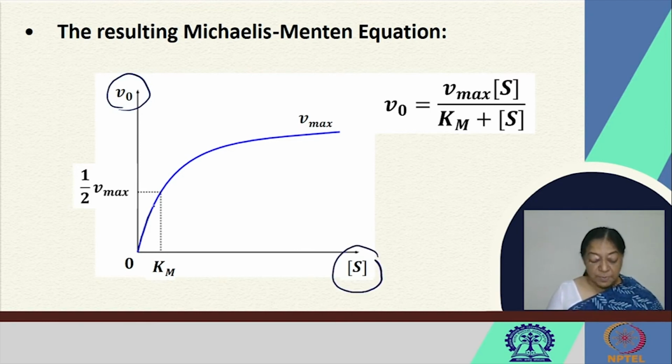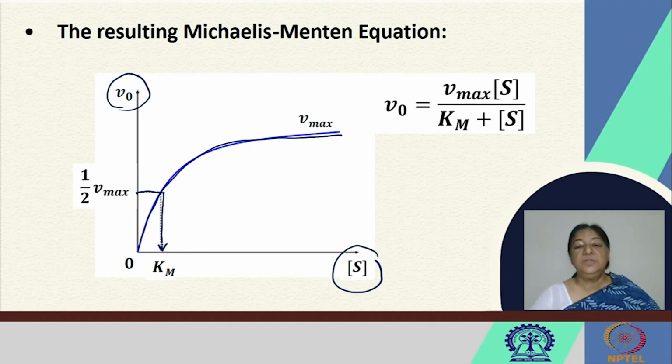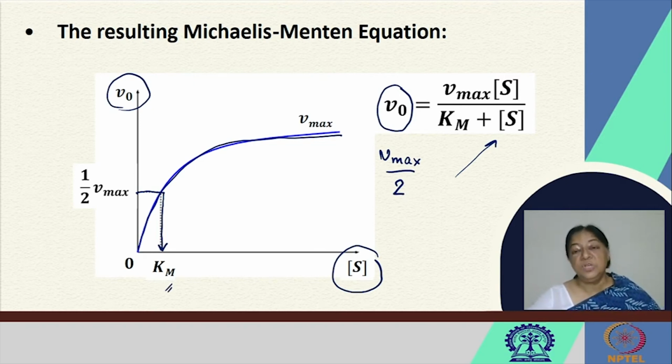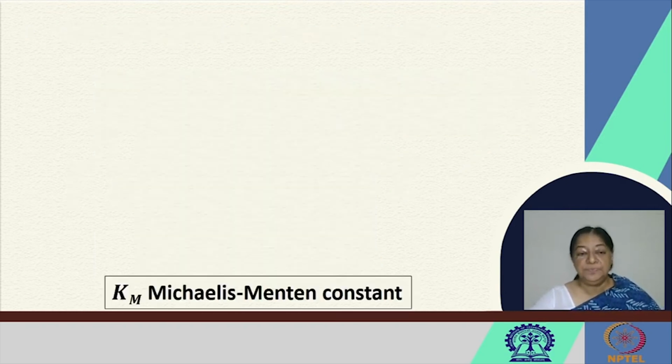We will reach the maximum velocity, and at half the Vmax, the substrate concentration corresponding to half Vmax, we will see if we can plug these values in here, where we make V0 equal to Vmax by 2, that is half of Vmax. We will get Km equal to the substrate concentration corresponding to that.